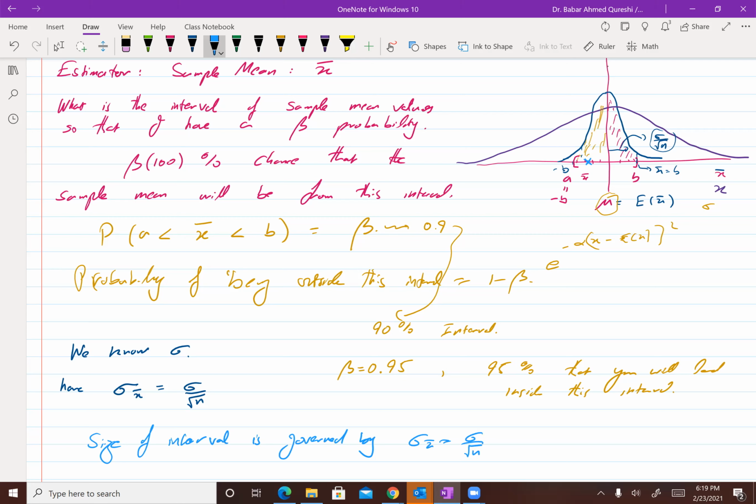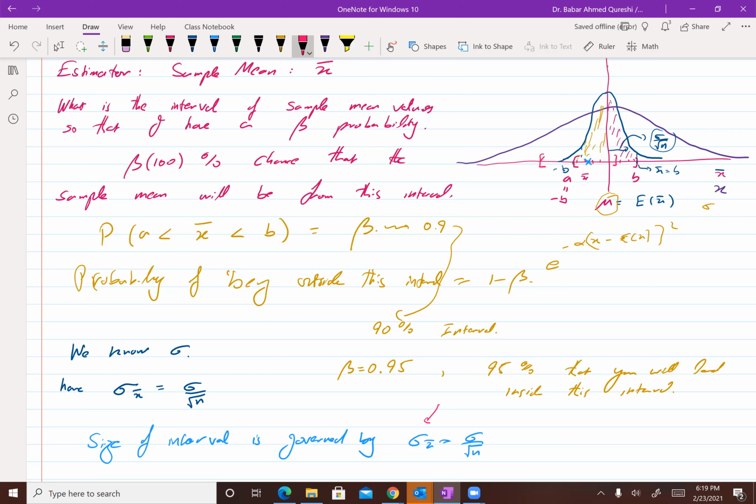So you know the size, but you don't know where it's centered. But you know that if you are putting a beta interval, then you have beta probability that you will lie within this interval. Now you get a value and you compute the size of this, and it will be something like this.